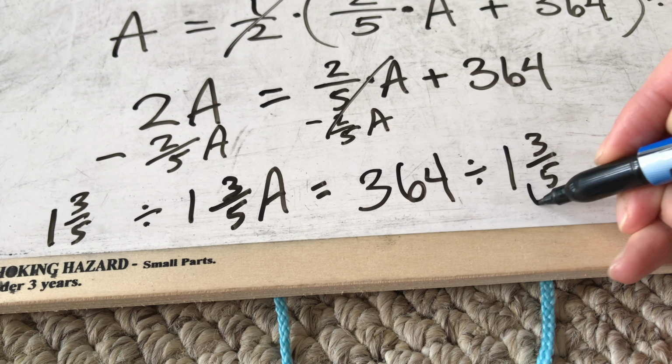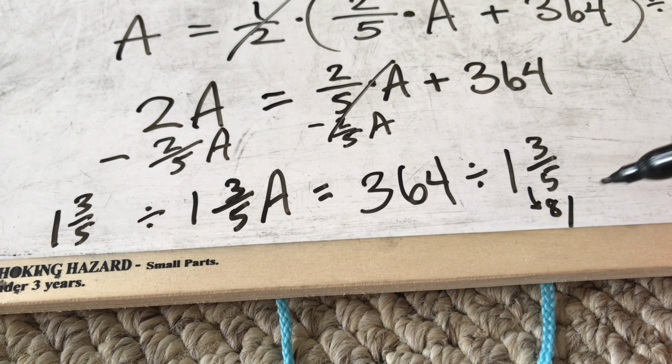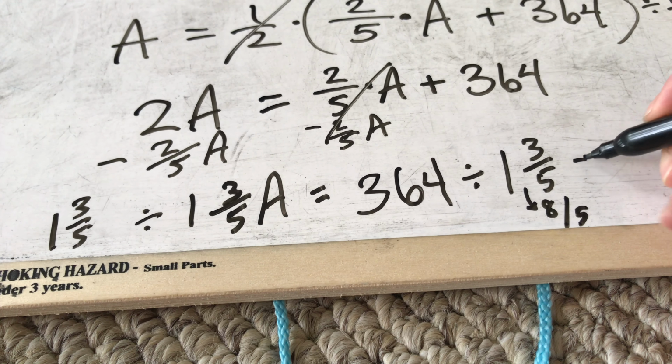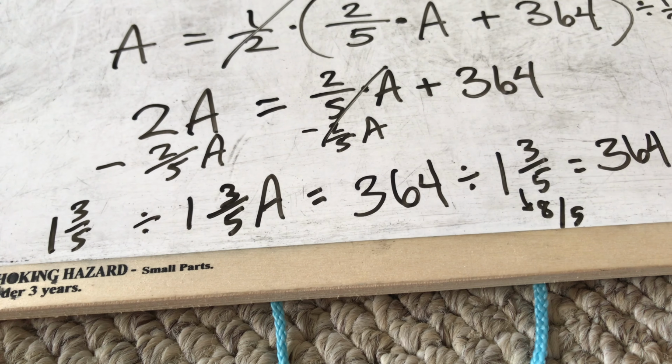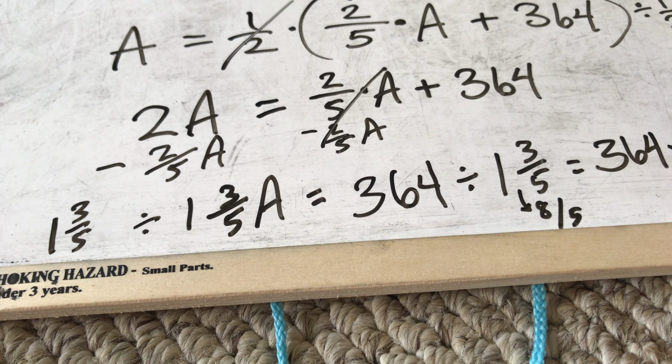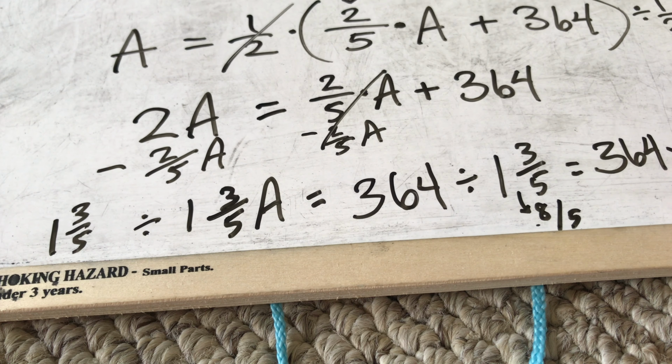We did that as a class. So that's equal to 8/5. And we know dividing fractions, keep the first, change the divide to times, and then you flip, give me the reciprocal.